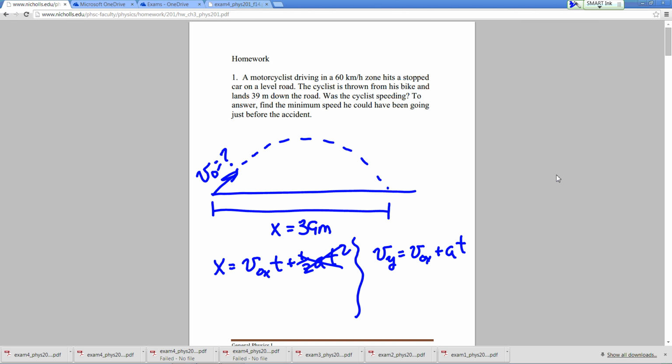I don't remember, Daniel. Initial y velocity times t plus 1/2 a t squared. Wait, what now? y equals initial y velocity times t plus 1/2 a t squared. I don't know my y displacement. I don't remember.